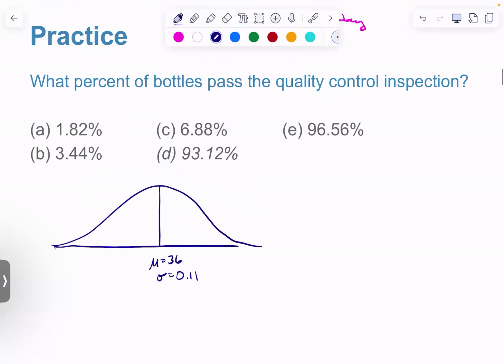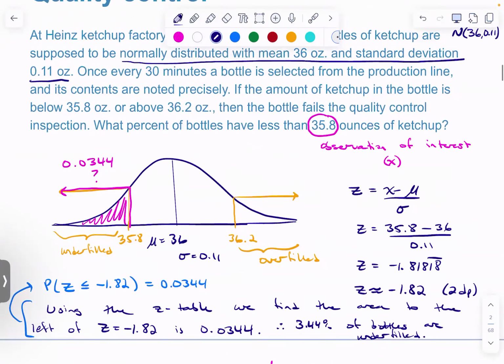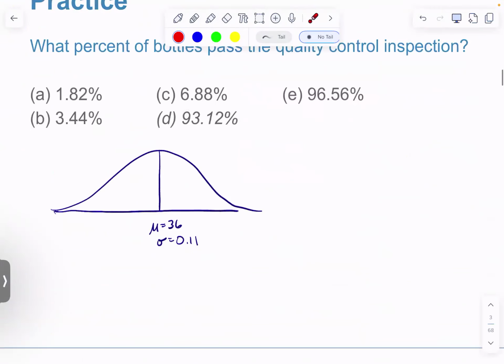We were also told 35.8 ounces, anything less than that is considered underfilled. And similarly, 36.2 ounces, anything over that is considered overfilled.